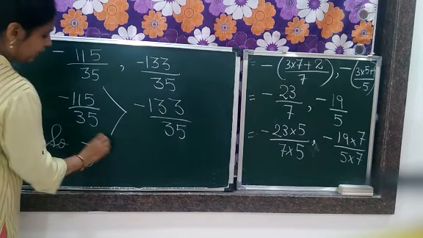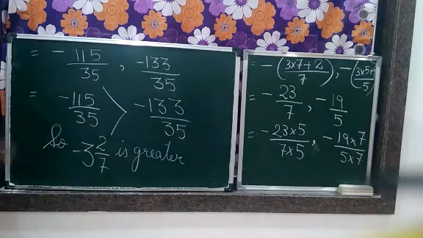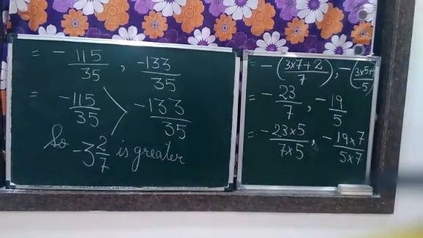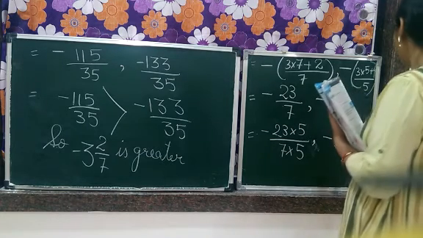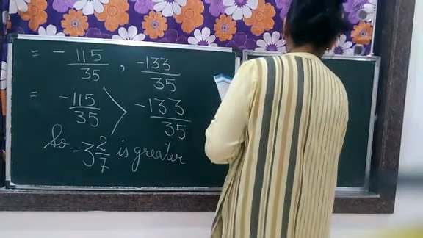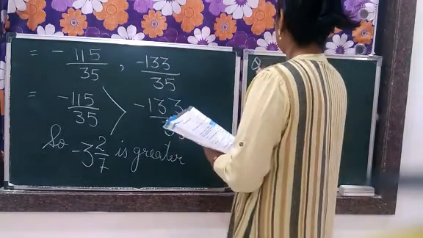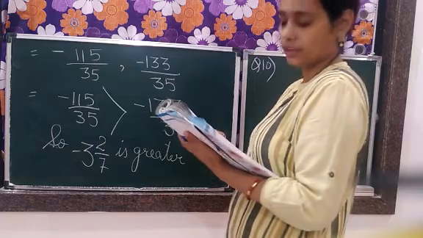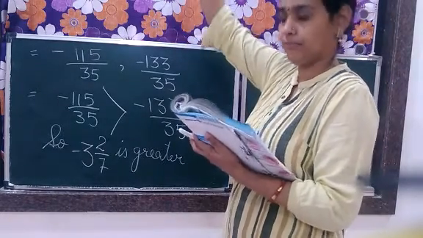So 3 and 2 by 7, minus is, then a little more bigger, and the biggest. Okay, or you can say the largest.